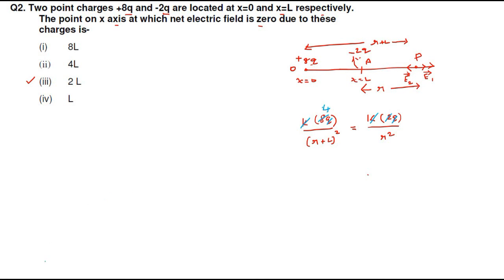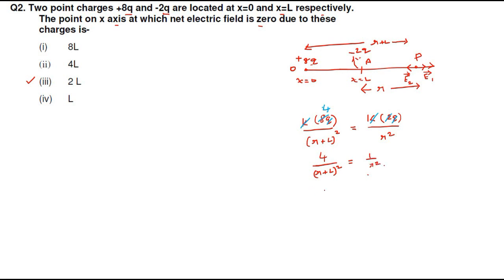Then 4 by R plus L the whole squared is equal to 1 by R squared.